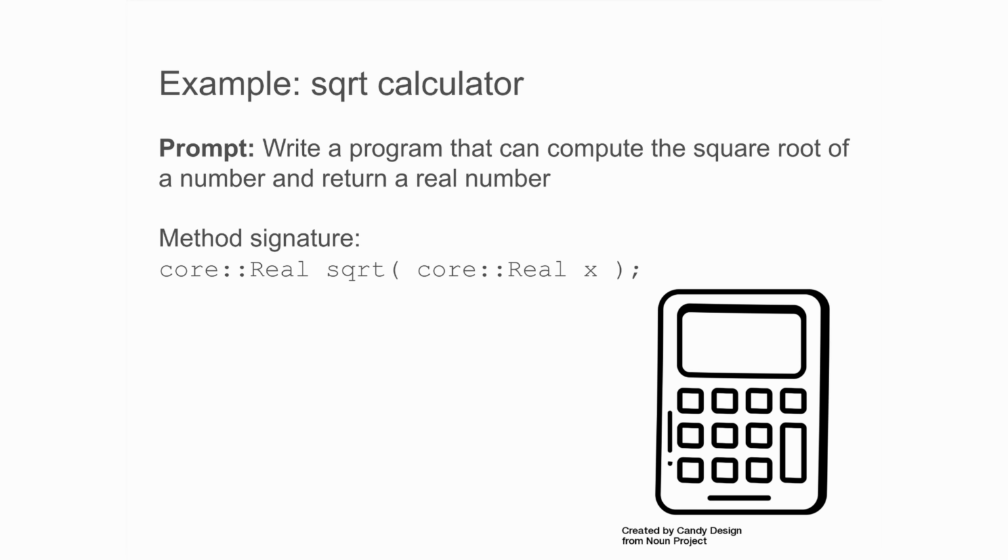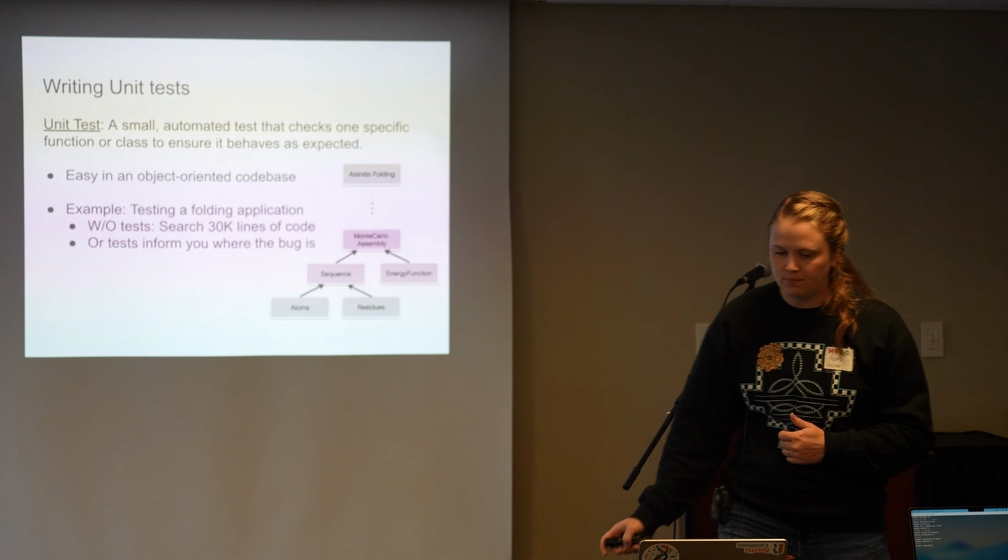So if your prompt for test-driven development was to write a program that can compute the square root and return a real number, you could have your signature, and then you would think about the different edge cases. You wouldn't want to test just one number, but test different scenarios that could happen to make sure that you're getting the output you expect. So you would write your test and then implement your function for that.